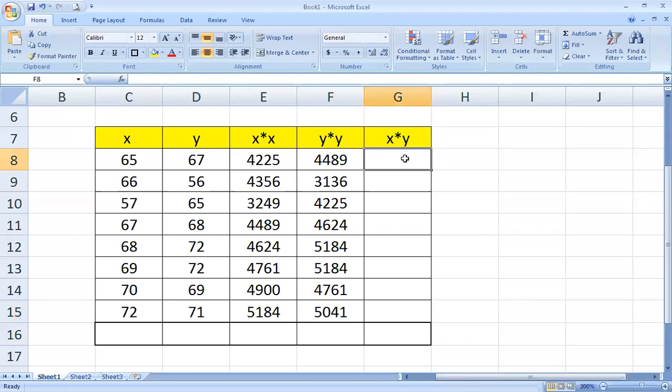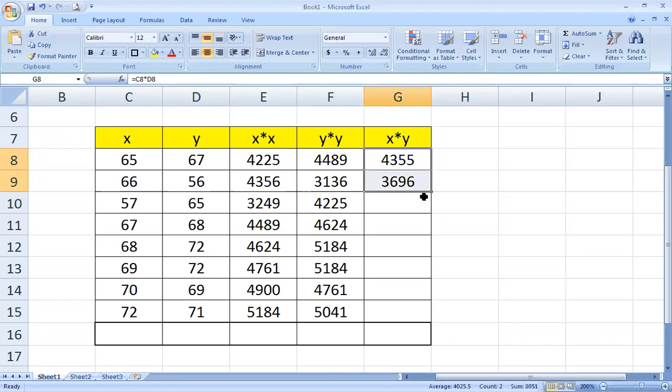So these are our y square values. Now we need to find x into y. We need to multiply 65 into 67, that is 4355. Then 66 into 56, that is 3696.